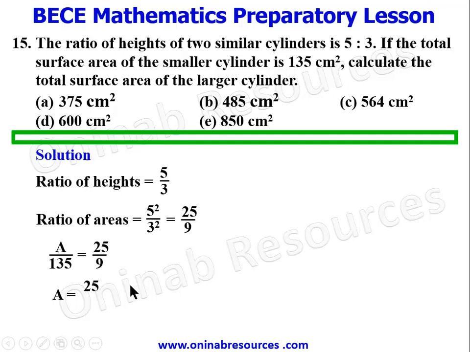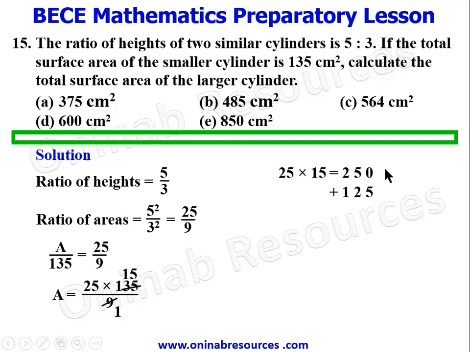That will be 25 times 135/9, and 9 goes into 13 is 1, remainder 4, in 45 is 5. That will give us 25 times 15, that's 250 plus 125.